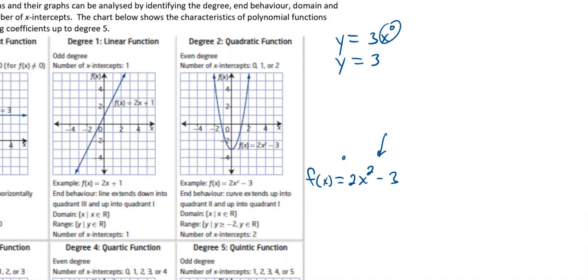If it's positive, we've got a smiley face. If this was negative, it would be a frowny face, opening downward like that. That's for our quadratic functions. And our y-intercept would be the number hanging off the end.